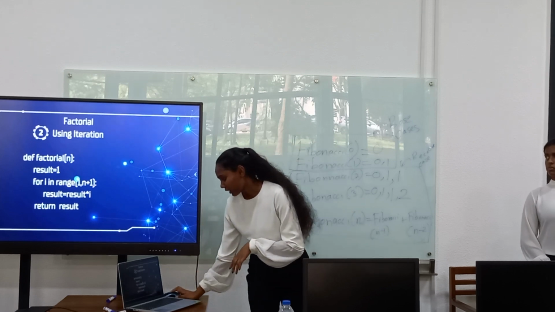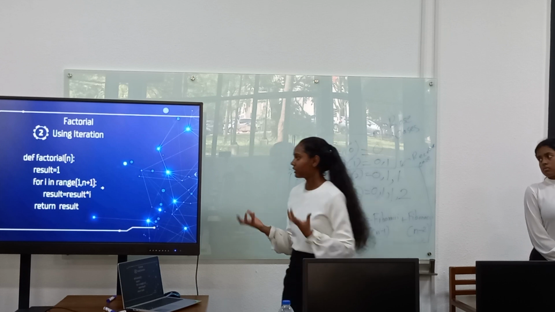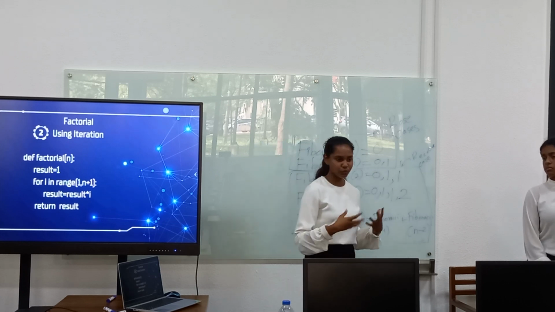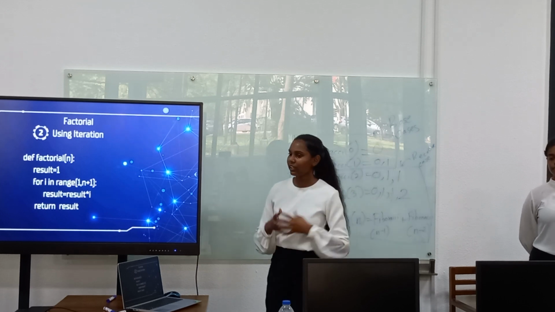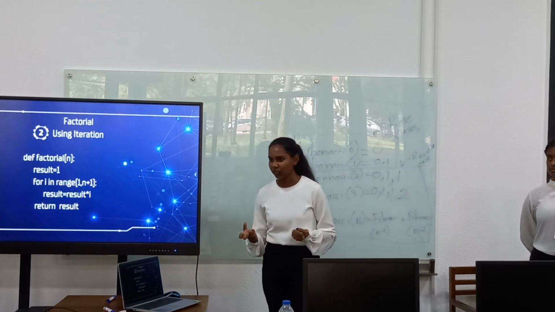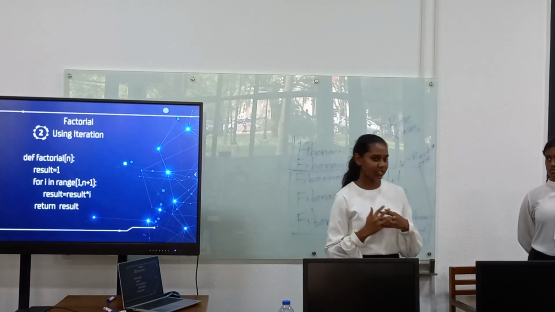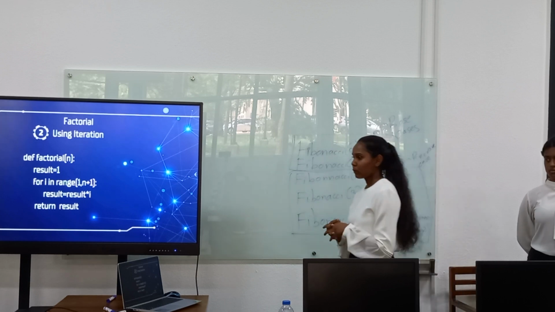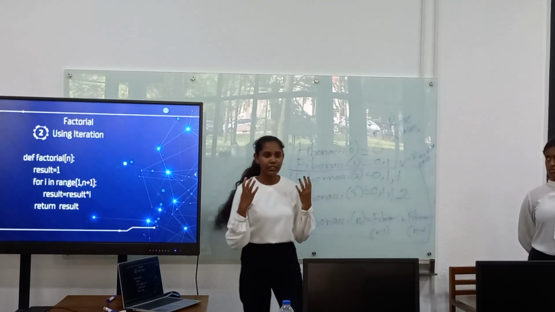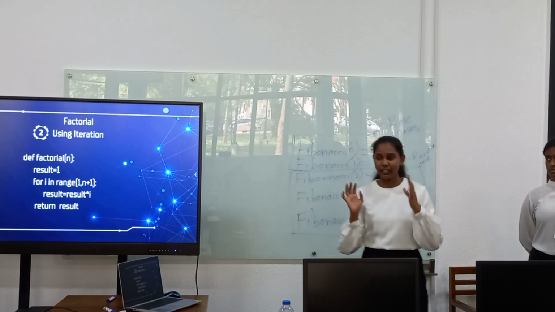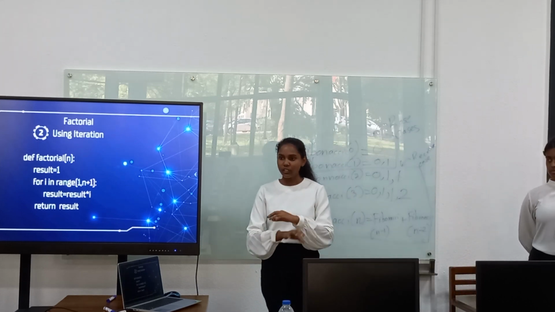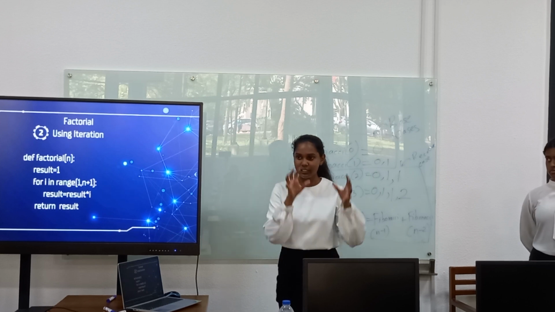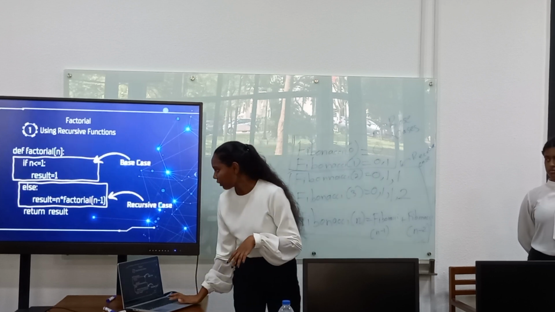So can you guys see any difference between these two functions? Because from both of these functions we can get the correct output. Do you guys see any difference? The main difference is that in recursion we have maintained the repetition by calling the recursive function itself on its smaller subproblems.